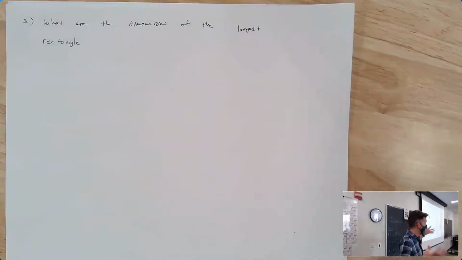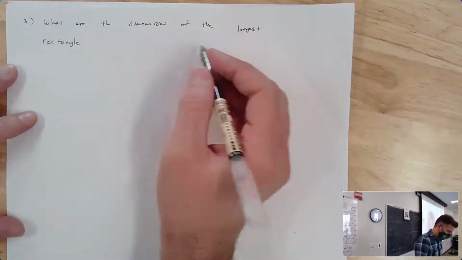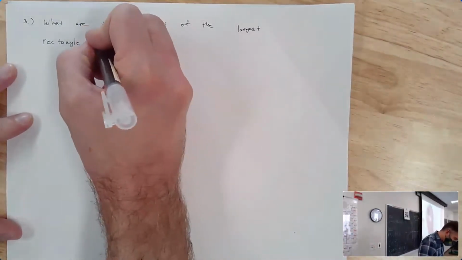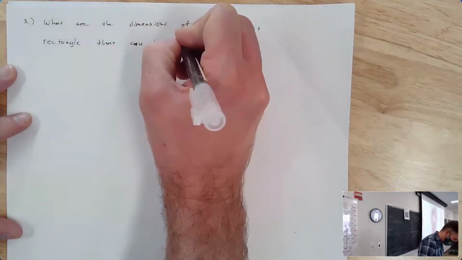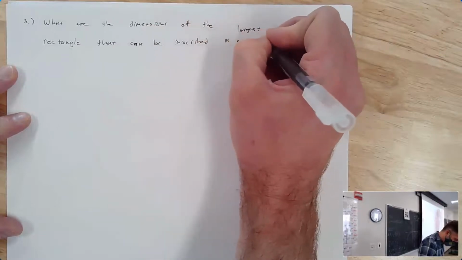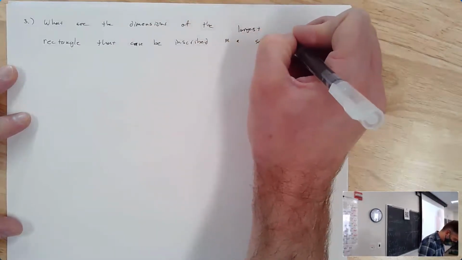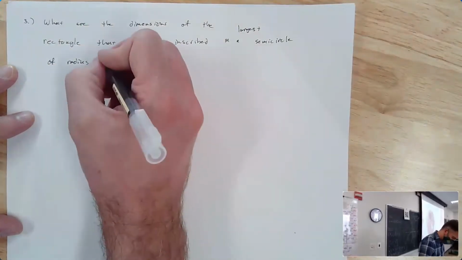Because the area is kind of the biggest dimension that a rectangle occupies, right? It doesn't really have volume. So what are the dimensions of the largest rectangle that can be inscribed in a semicircle of radius, let's go 6 inches.